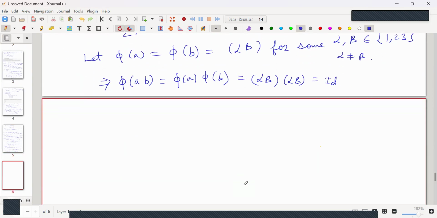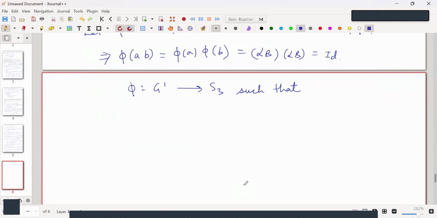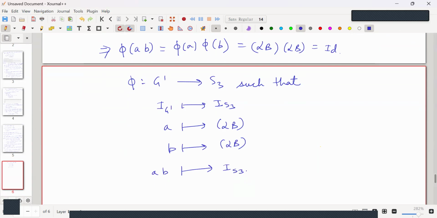So you have this homomorphism phi from G prime to S3 such that identity of G prime is mapping to identity of S3, A is mapping to some alpha beta, B is also mapping to the same alpha beta, and AB is getting mapped to identity of S3. So do you see any problem in that?